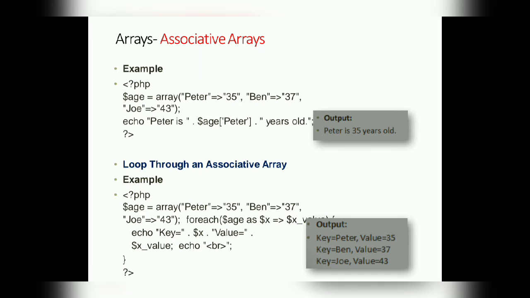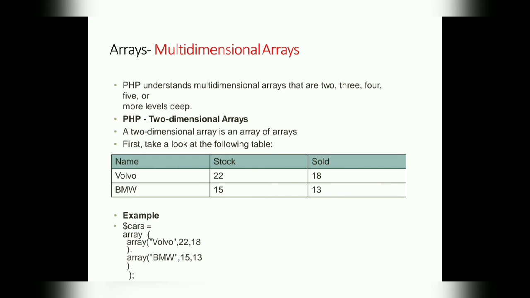Again, loop through an associative array. How will it be explained? Again the same array is defined, and the foreach statement is used here. So foreach $age as $x => $x_value, what will it return? Echo Key equals $x, dot, and Value equals $x_value.